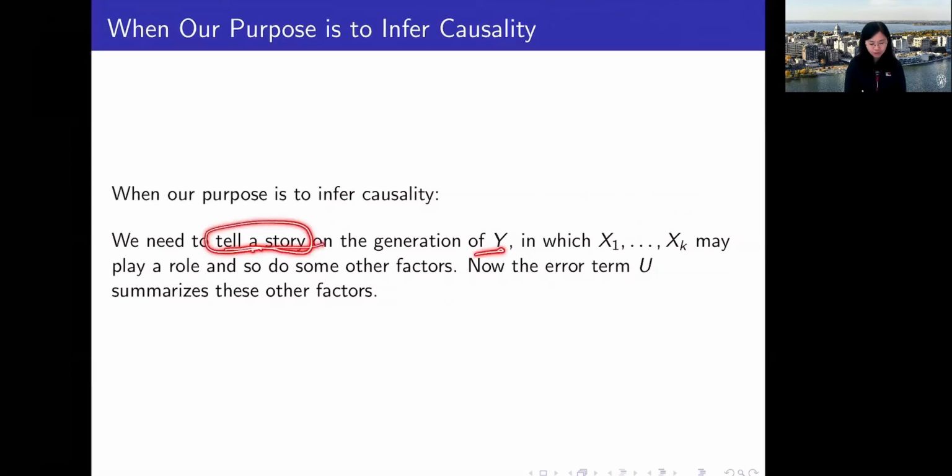And in that story, we want the x variables to play a role, potentially. And in that story, there may also be other factors that also play a role in the process in which y is generated. Now the error term u will be a summary of the other factors, the factors that we are not including in the x variables that also participate in generating y.